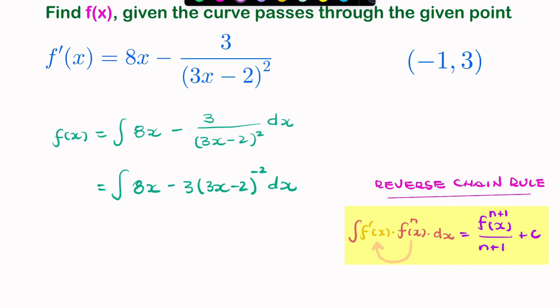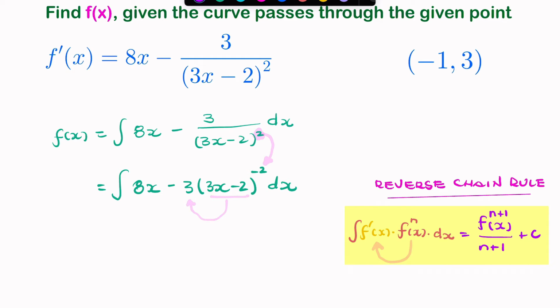I'm allowed to bring the denominator up to the numerator and put a negative sign there. So now the derivative of this is there, so I can use the reverse chain rule and simply add 1 to this power.